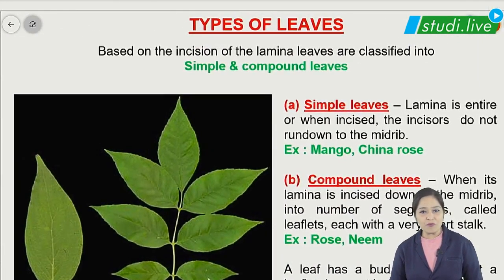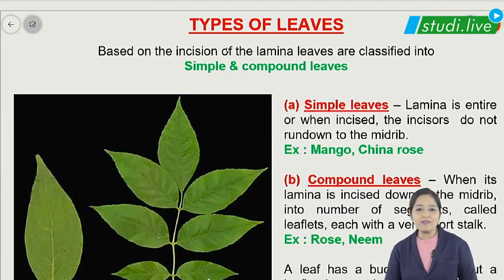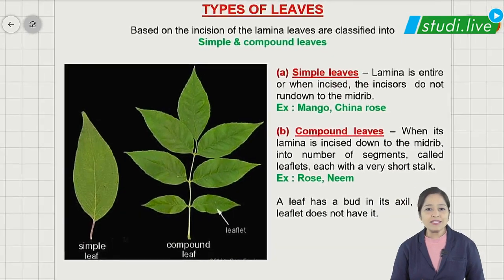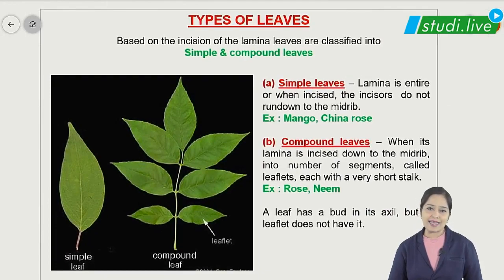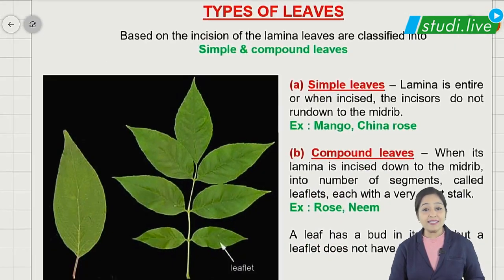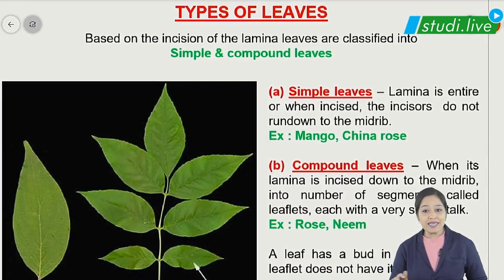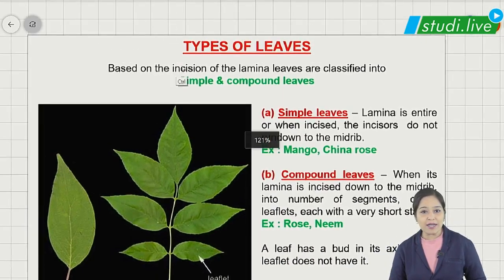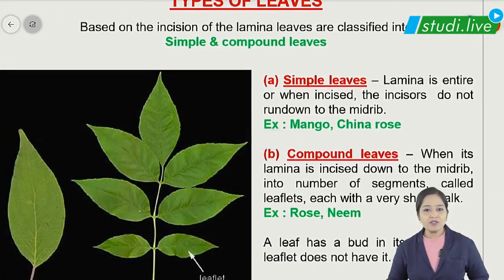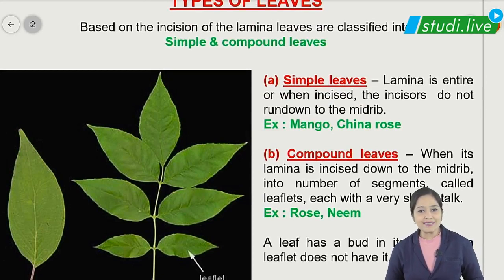The types of leaves. We have two main types of leaves over here. First is the simple leaf and the second one is the compound leaf. Now this type of leaf is based on the incision, which is the division present on the lamina. If the incision on the lamina is not present, it is known as a simple leaf.